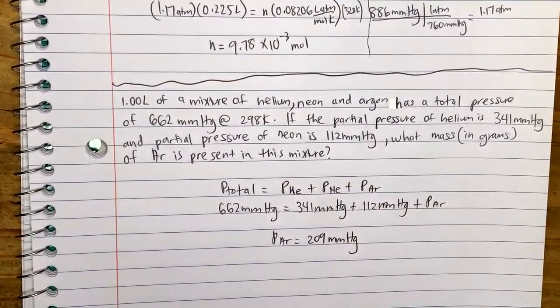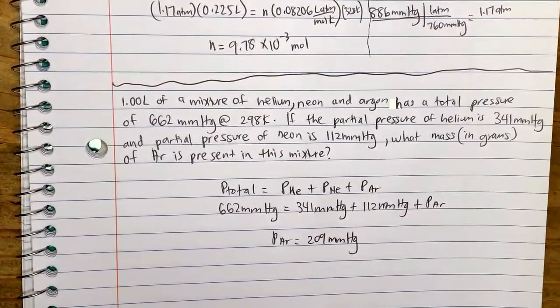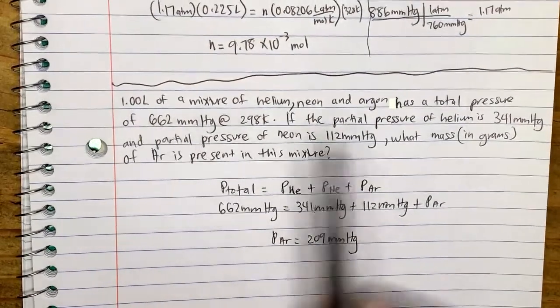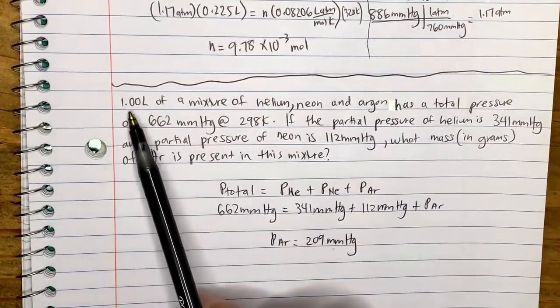Okay, so now that we have the pressure of argon, we can find the moles of argon using PV equals nRT, and then use molar mass to convert it to grams. If I want to use PV equals nRT, I got to make sure the pressure is in units of ATM. Why am I using volume as 1?